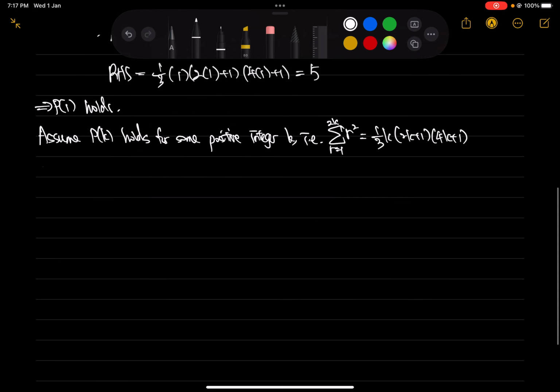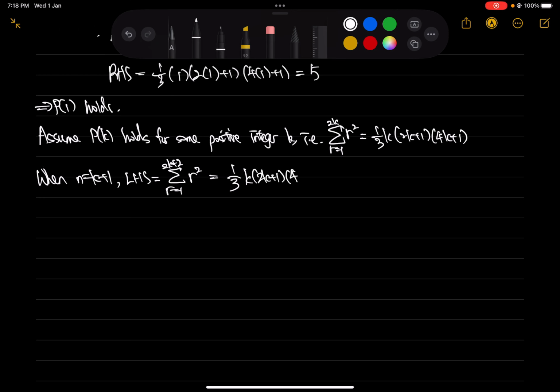And then we have n equals k plus 1, which means left hand side is the sum from r equals 1 to 2k plus 2 of r squared, which is just 1 over 3 k, 2k plus 1, 4k plus 1, plus 2k plus 1 squared plus 2k plus 2 squared.